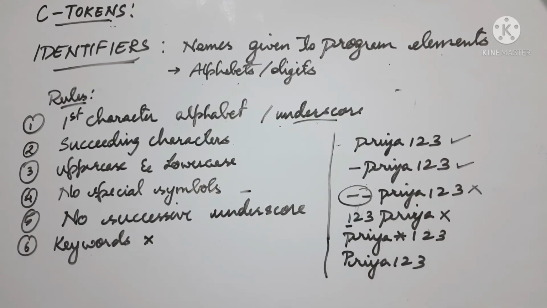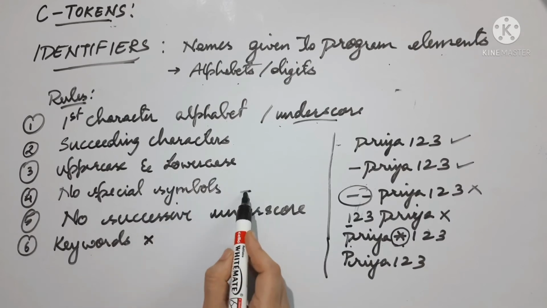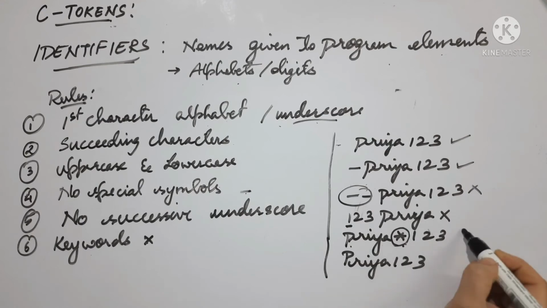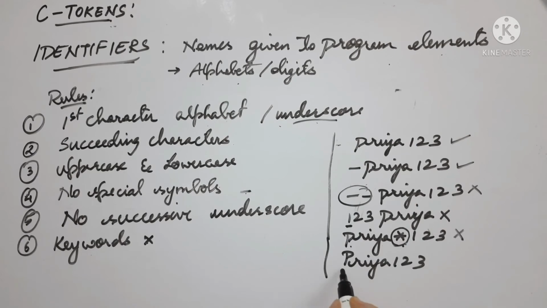Here it is starting with an alphabet, following the rule, but there is an asterisk symbol in between. As we have seen, no special symbols are allowed except which one? Underscore. If there was an underscore, then it was acceptable, but since this is a different special symbol, this doesn't come under identifier. Last example, Priya123 again, but this time with a capital letter.